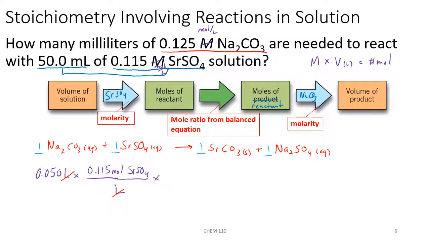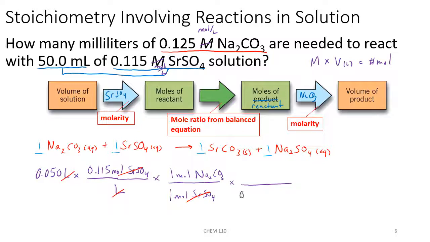From here, we can use our balanced equation. Every 1 mole of strontium sulfate that reacts, it reacts with 1 mole of sodium carbonate. That allows us to move from moles of one species to moles of another. Our moles of strontium sulfate cancel at this point. And then lastly, we're trying to solve for a volume in this example. So we need to use our molarity of our sodium carbonate that was given to us in the problem, but we want our moles of sodium carbonate to cancel.